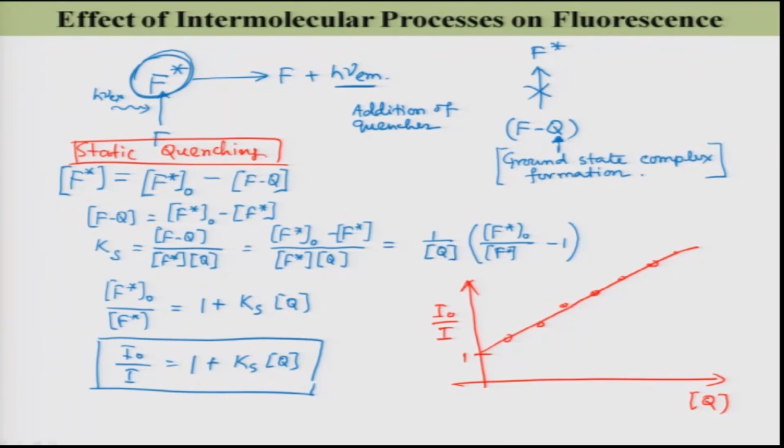Here, I am exciting the molecule to the excited state, and the nature of the excited state remains the same as before addition of the quencher. Only some part of the molecules cannot be excited to the excited state because of the ground state complex formation.